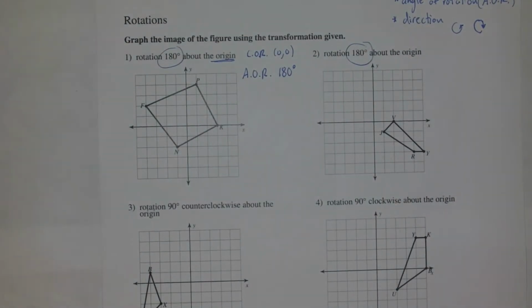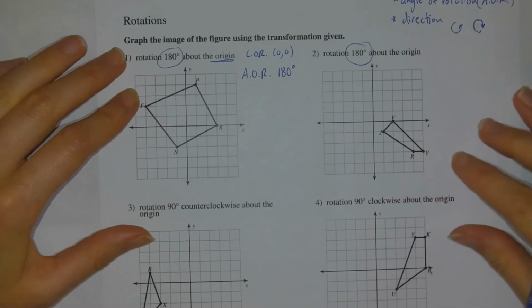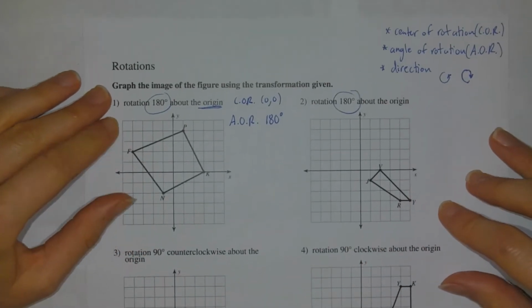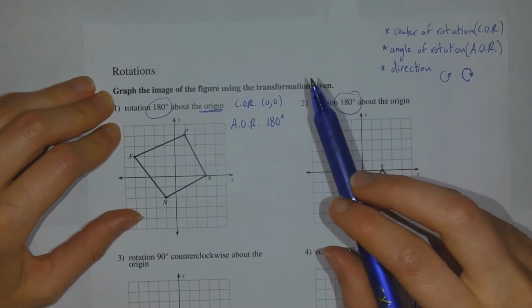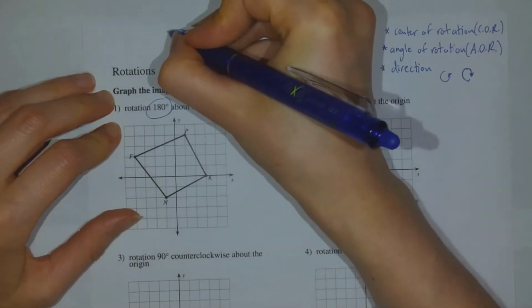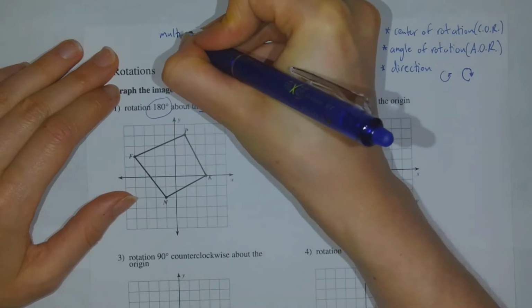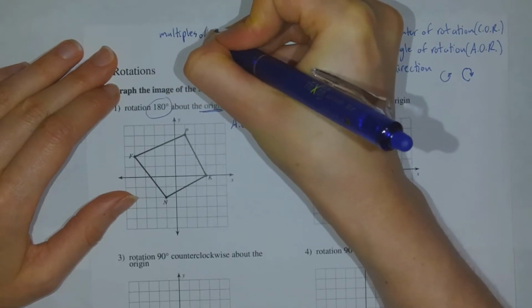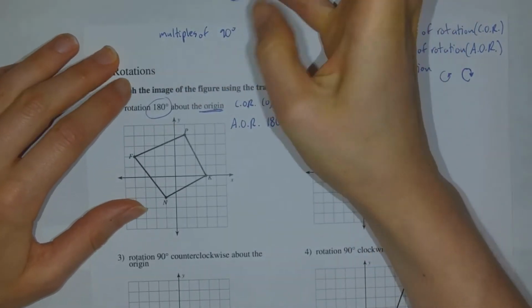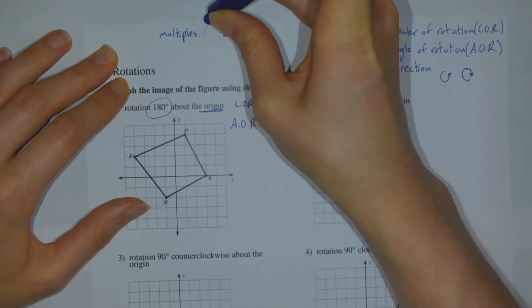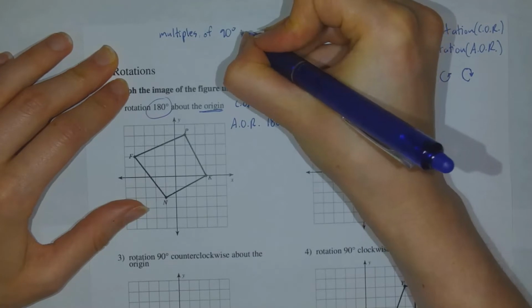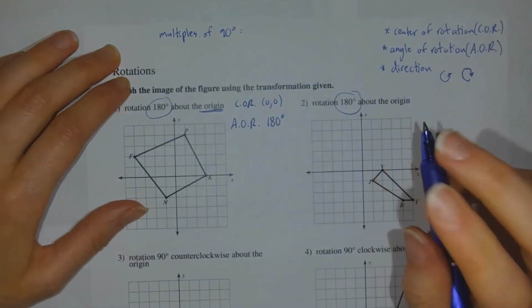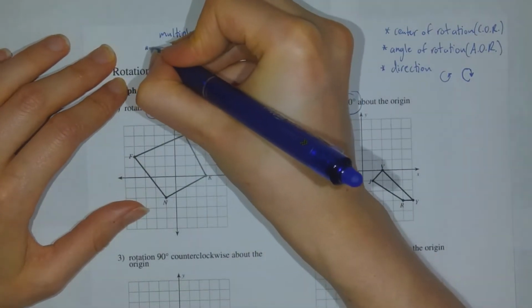The other thing I want to note up here in the margins is that when we're doing multiples of 90 degrees, we can talk about this in terms of quarter turns.